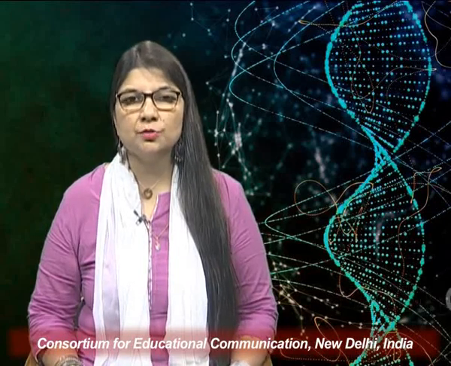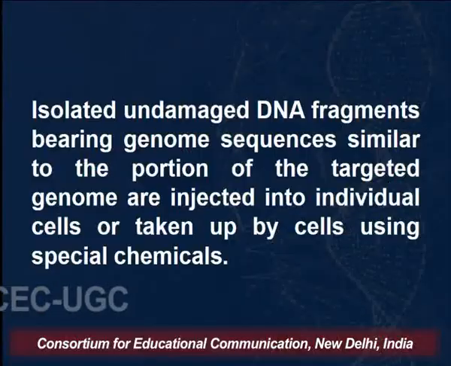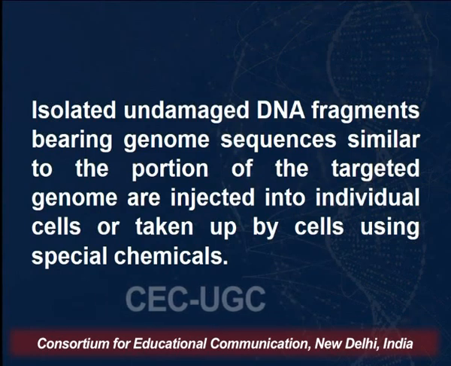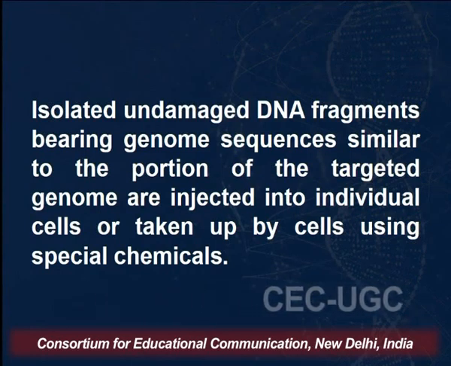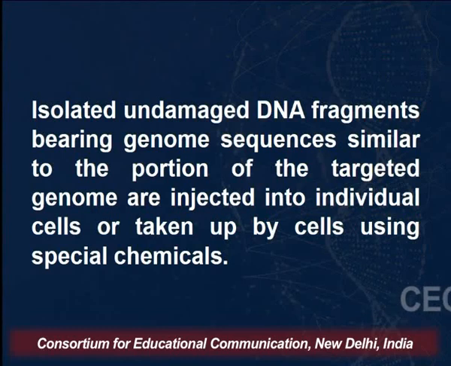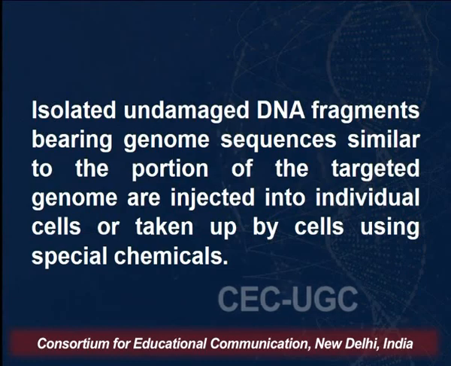So, that is primarily the basis of homologous recombination. How do we utilize it in the laboratory or in biotechnology processes? The isolated undamaged DNA fragments bearing genome sequences similar to the portion of the targeted genome are injected into individual cells or taken up by the cells using special chemicals.